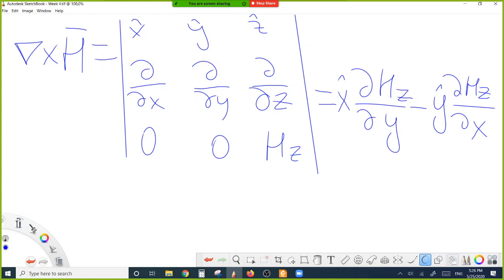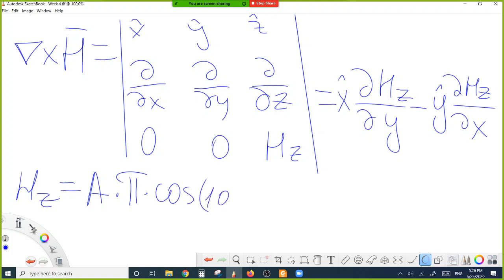Yes, and the component along z is 0. If we look at Hz, it is equal to a multiplied by p multiplied by cosine of 10 to the 6 pt minus beta x.